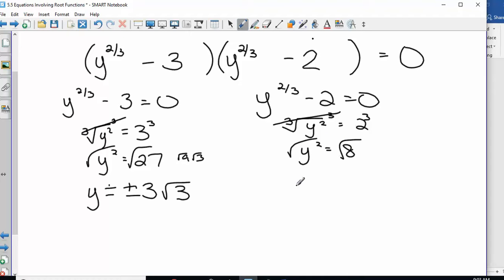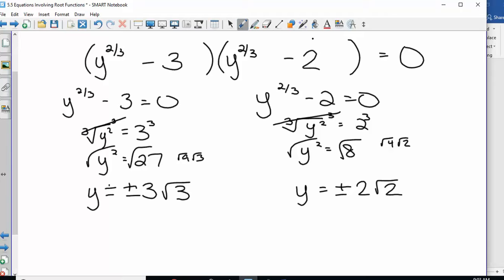Square root, plus and minus. We could break 8 up into 4 and 2. So we get plus and minus 3 radical 3, plus and minus 2 radical 2. Okay. Good practice. I told you to always check on these.